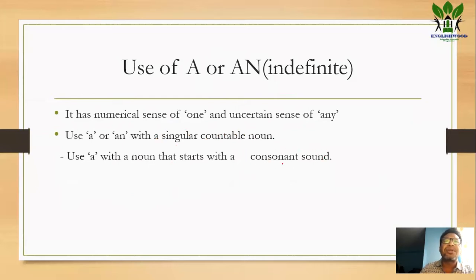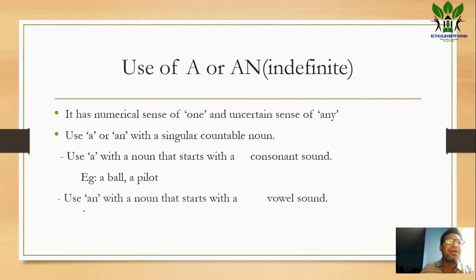Remember, we have discussed the vowel sounds and consonant sounds of English pronunciation in our classroom too. There are 24 consonant sounds and 12 vowel sounds. Before consonant sounds we use a, for example, a doll, a pilot.